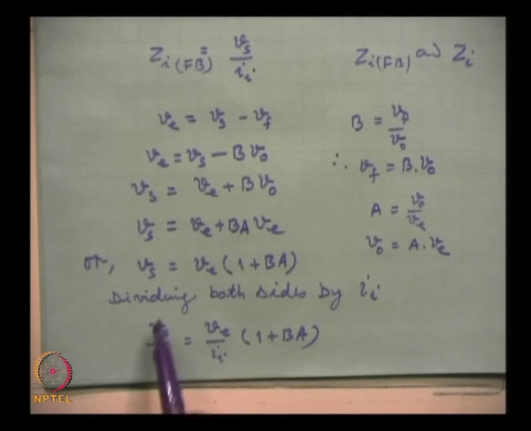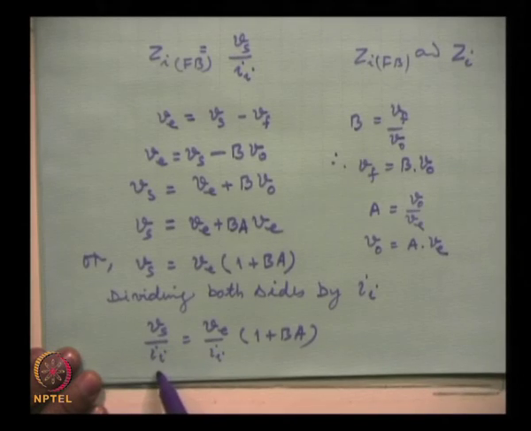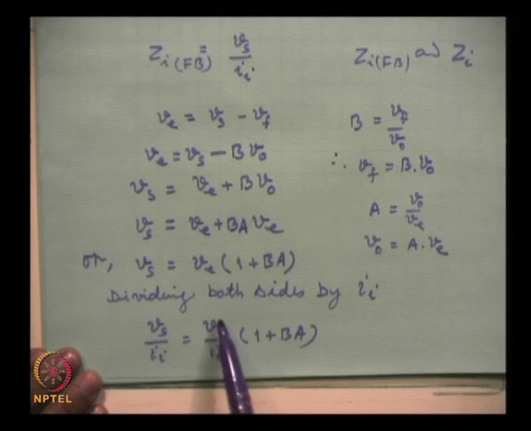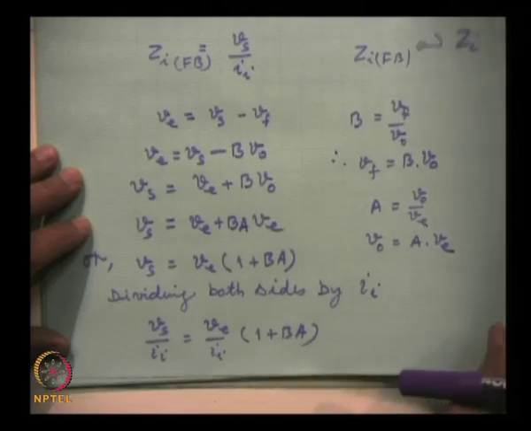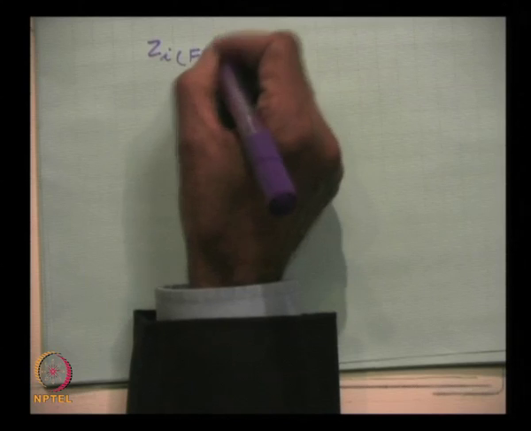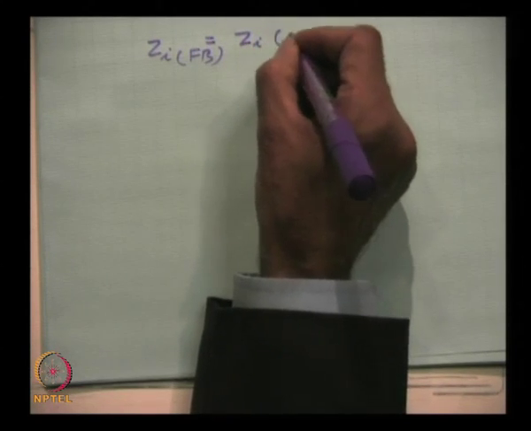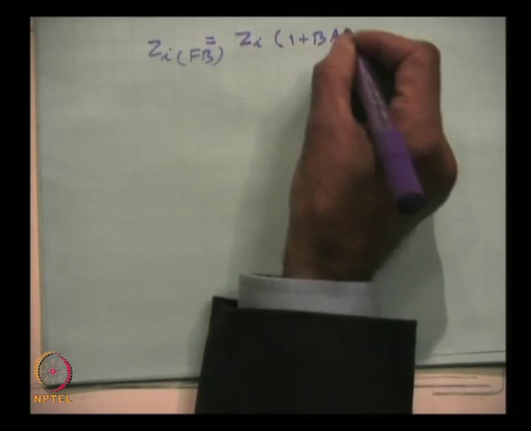And what is this? Look here how we defined, this is the input impedance with feedback, and this is the open loop impedance. Therefore, we get the relationship from here that Zi Fb is equal to Zi into 1 plus BA.